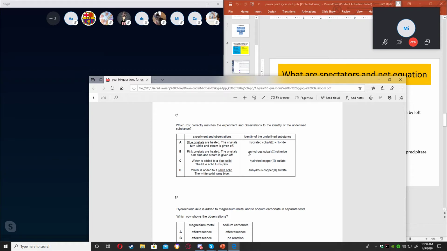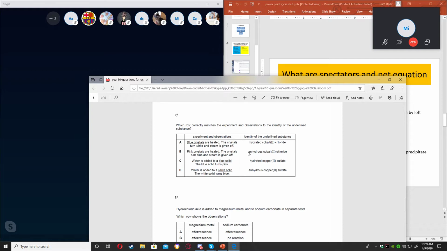You have in your slides, in your PowerPoint, I explained about hydrated salt very carefully. So the choice A, blue crystals are A, but it is color. Please identify the salt. So please circle hydrated copper sulfate.